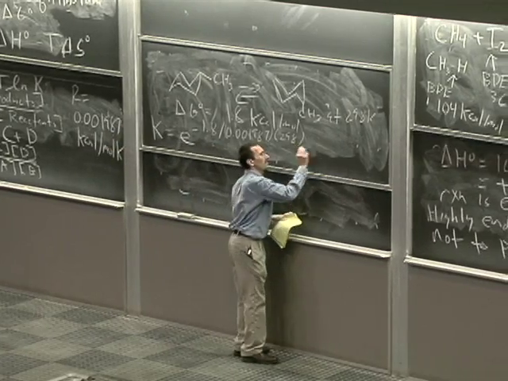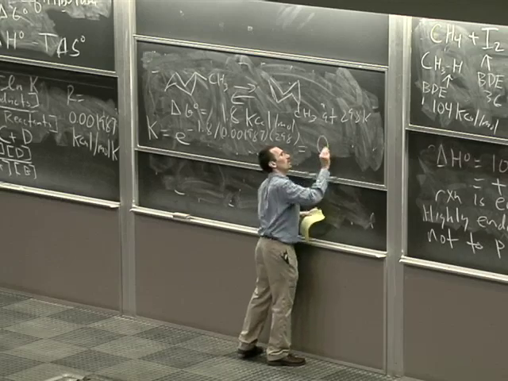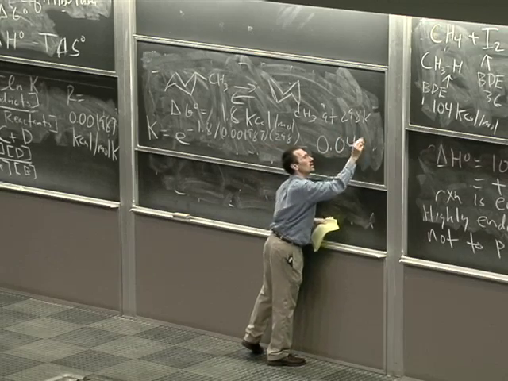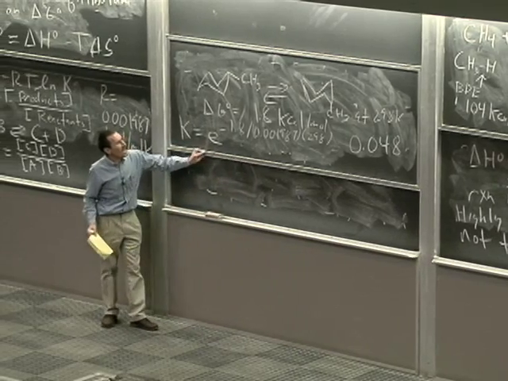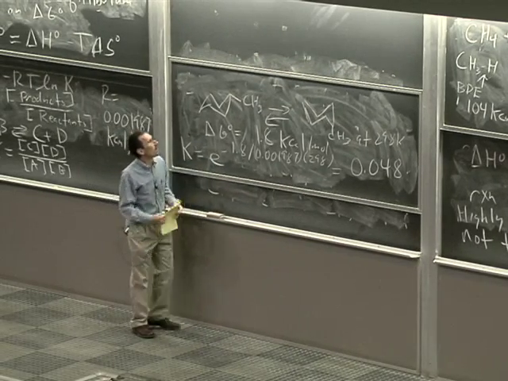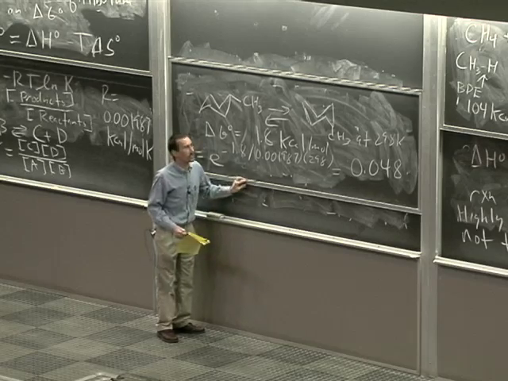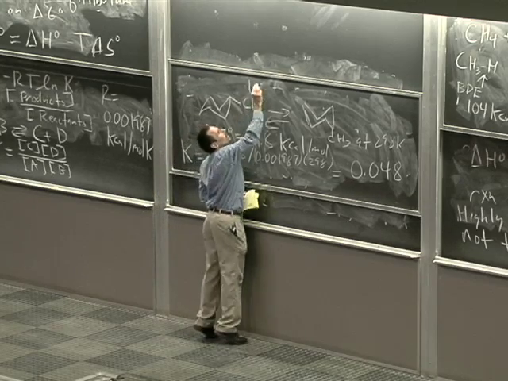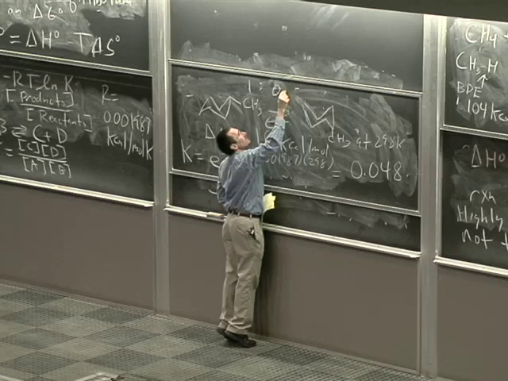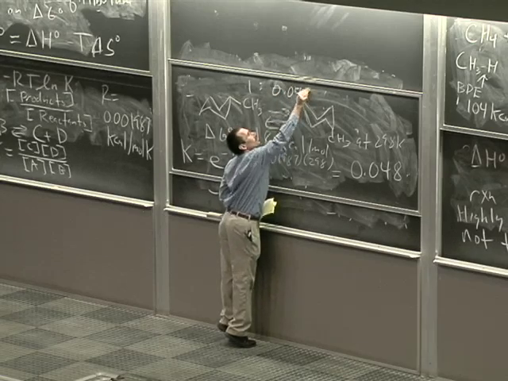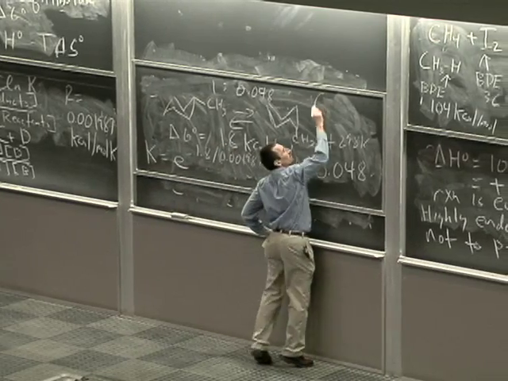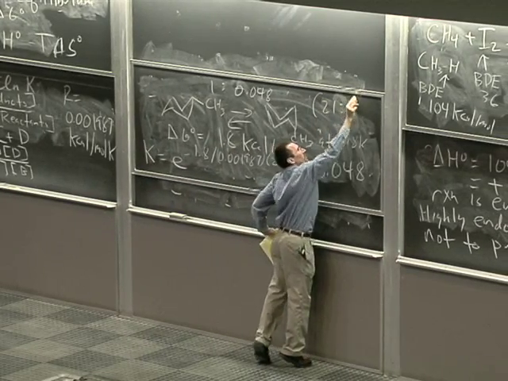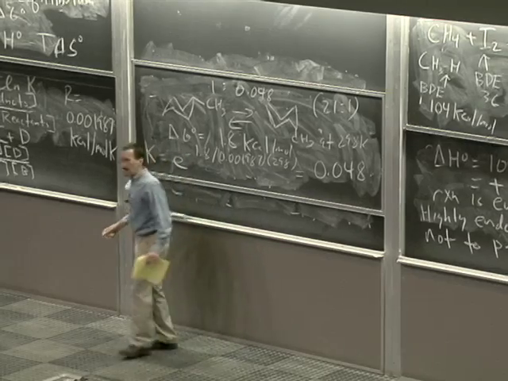That's e to the negative 3.04 or 0.048. In other words, we have a ratio of 1 to 0.048. That ratio is 21 to 1, just working the math on that at equilibrium.